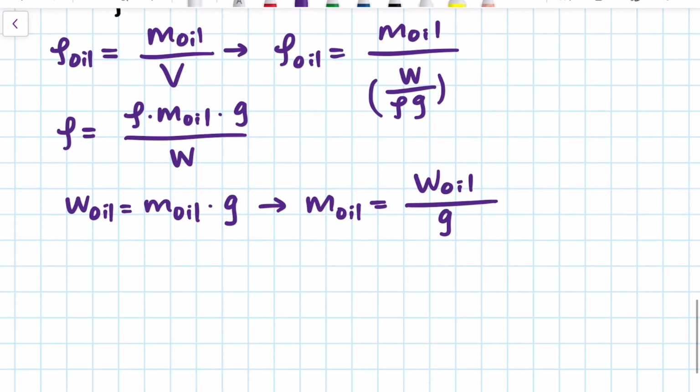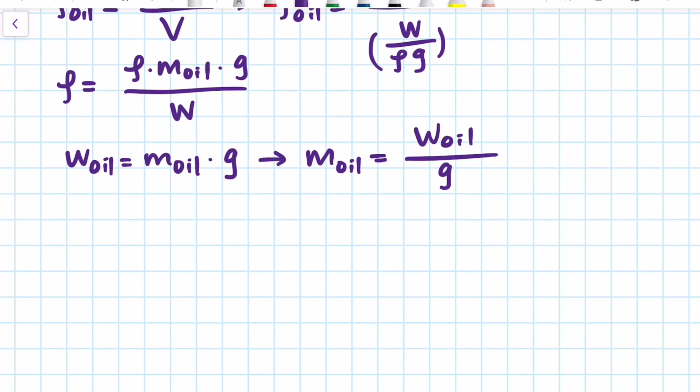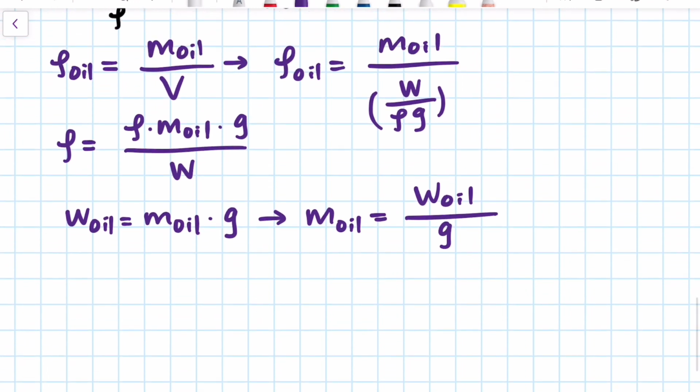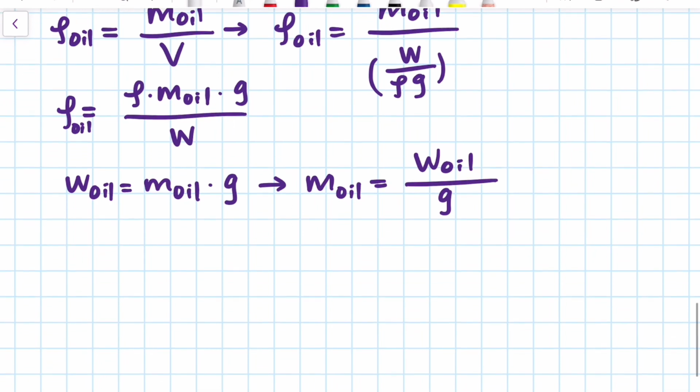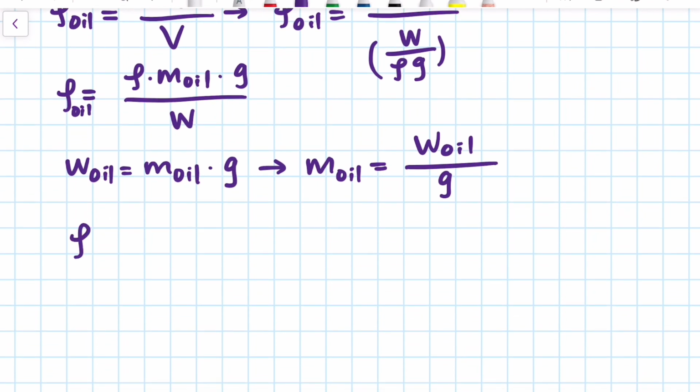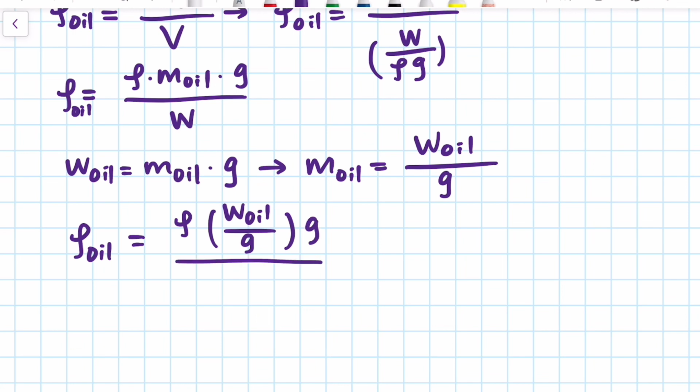Now we're going to combine our formulas. Oh, I should have written down this is density of the oil. Sorry about that. Density of the oil is equal to the density of the object times the weight of the oil divided by acceleration of gravity, times acceleration of gravity, everything divided by the weight of the object.